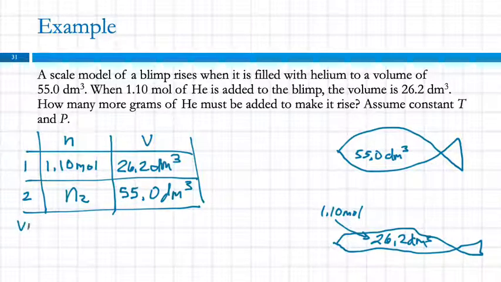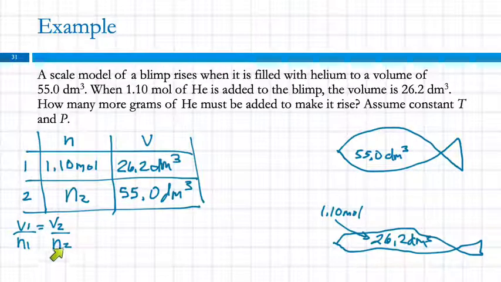V1 over N1 equals V2 over N2. We're solving for N2. So you can do it the way I've been showing you with cross-multiplying. If you get it, you can rearrange this equation by just moving things diagonally across the equal sign.